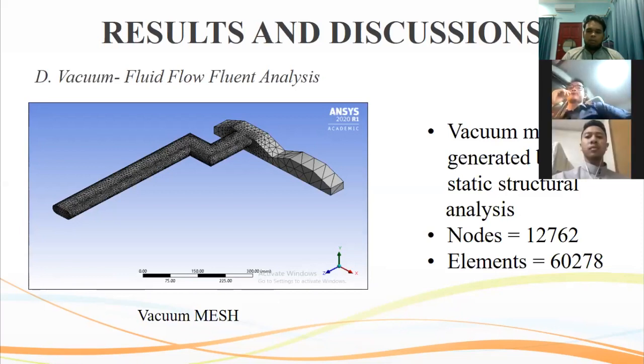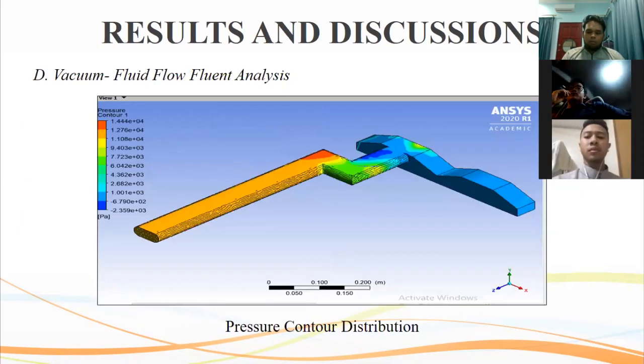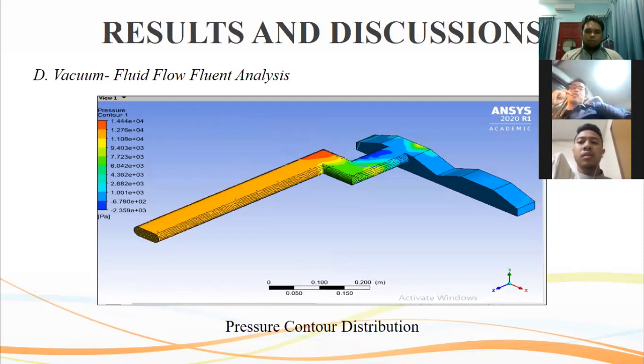Next. Here we can see the result of the pressure distribution along the vacuum, and we can see that the pressure is high at the outlet and low at the inlet. That's all.